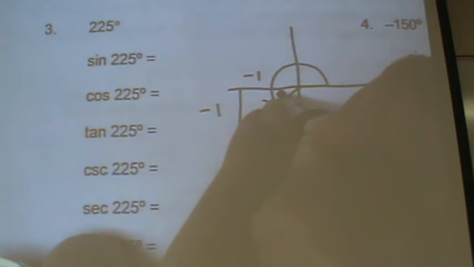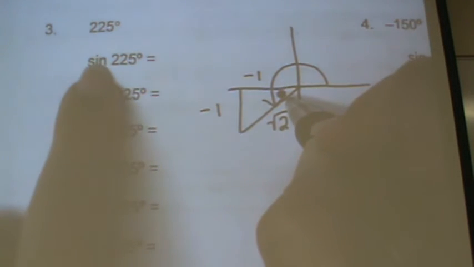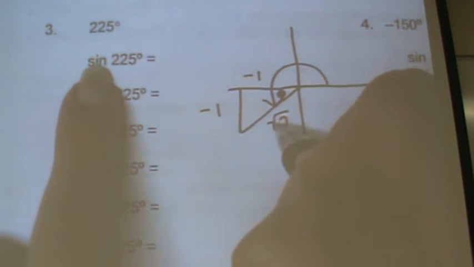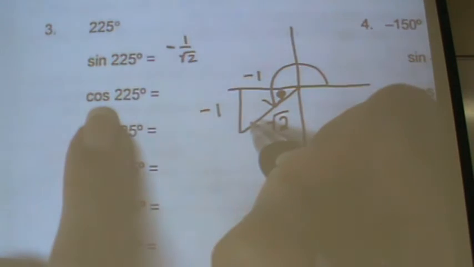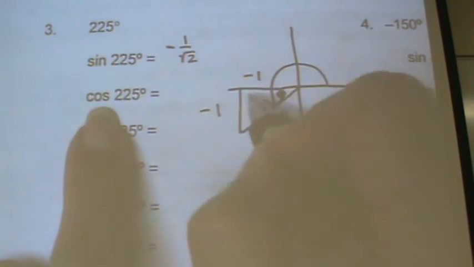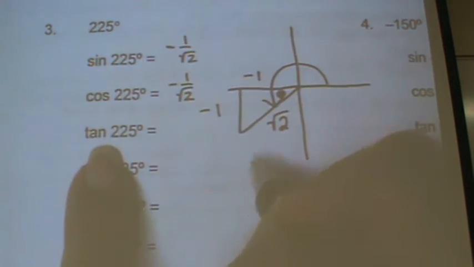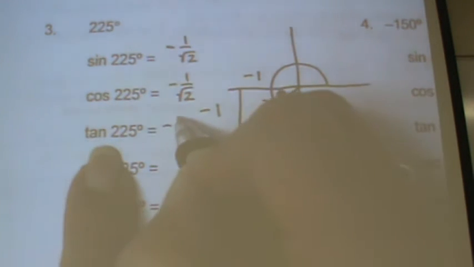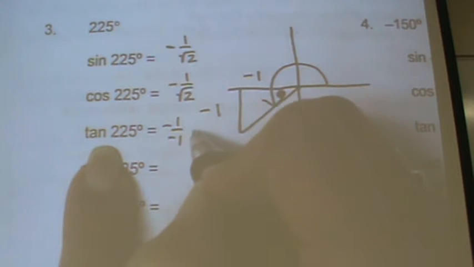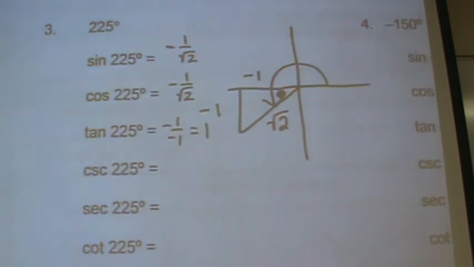So, according to this angle, what's the sine? It'd be opposite over hypotenuse, so -1 over root 2. Cosine is -1 over root 2. And tangent is -1 over -1, but what cancels? Both the negatives, so it's 1.